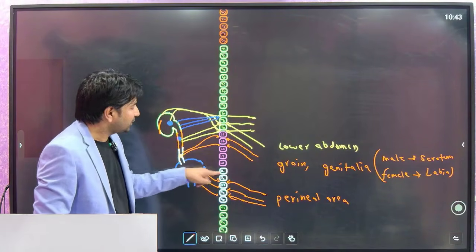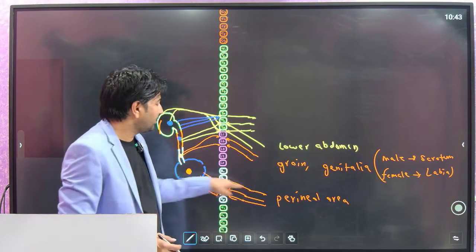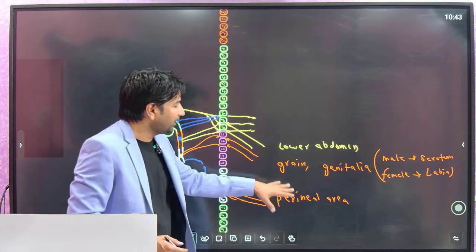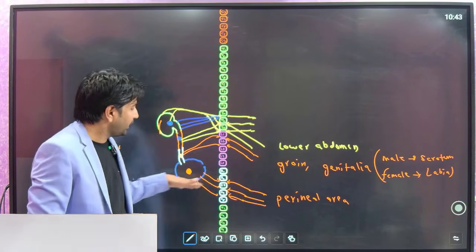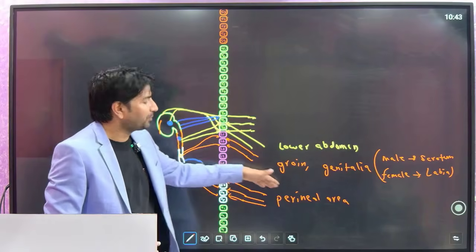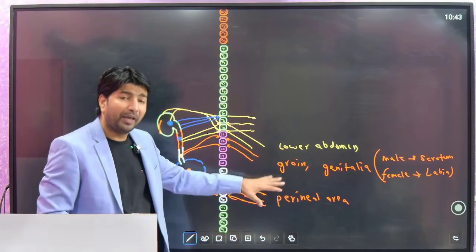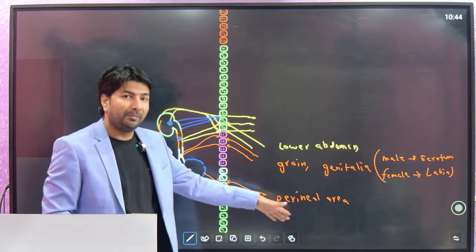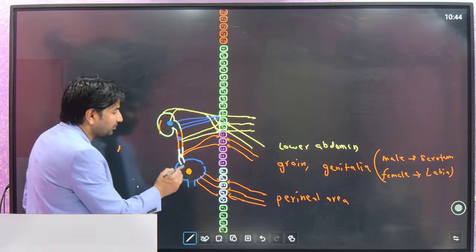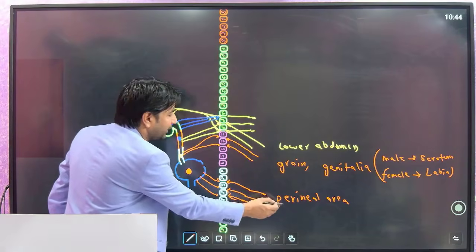And nerves from the perineal area also come into the same segment. And this perineal area is a dermatome, a part of the skin. So if the brain thinks from both sides that there's pain in the dermatome or pain in the skin, it interprets that this pain is occurring in the perineum. So this means if there's a stone in the bladder, it will be referred to the perineal area.